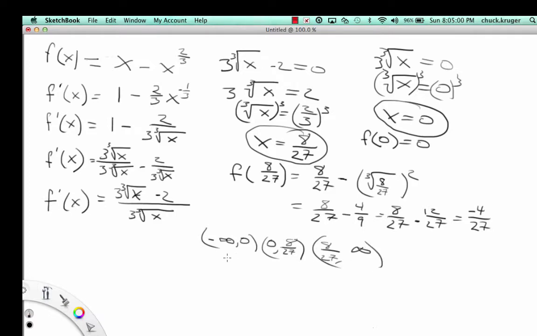My test value for the first interval will be negative 1. For the second, maybe 0.1 will work, I'm pretty sure that will work. And we'll use 1 for the last.